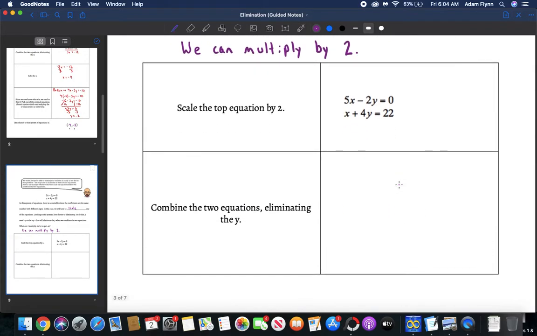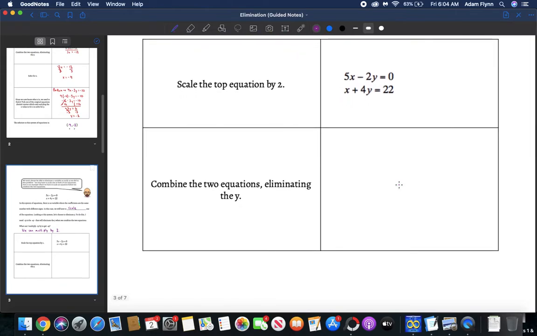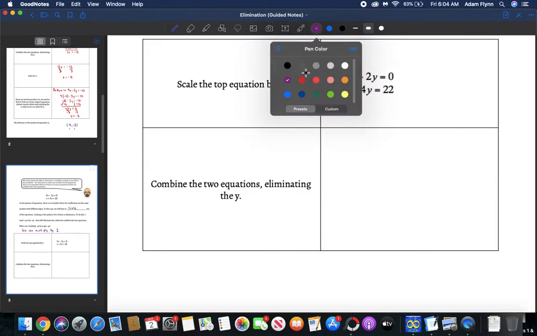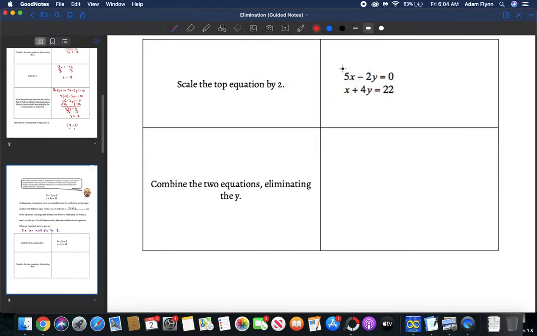As we just said, we are going to scale the top equation by a factor of 2. So in order to change this -2y without changing the entire makeup of the equation, I need to multiply the entire equation by 2.